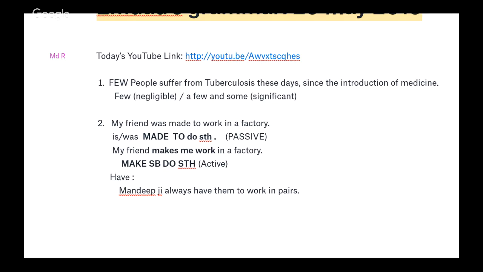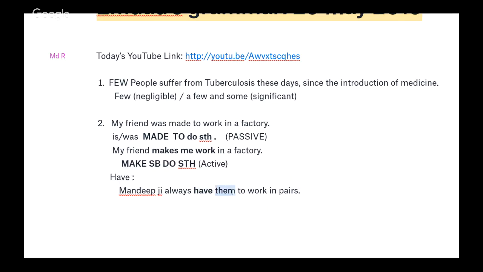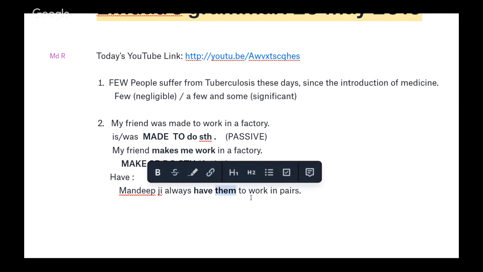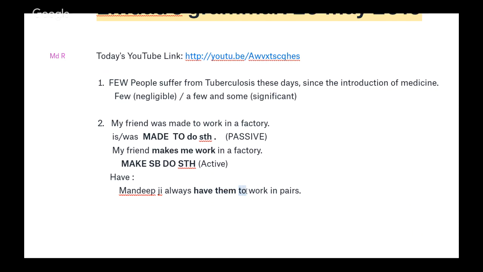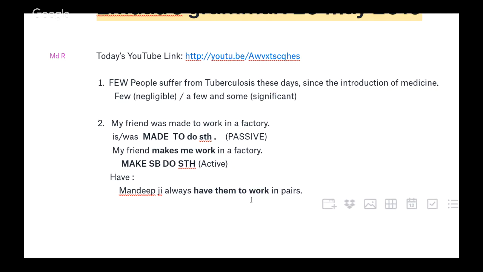Mandeep ji always have them to work in pairs. Tell me. What can you see here? What is the structure? What sort of structure do you see here? Have somebody. What is this them? Somebody, have somebody. What can you see here? To, and then do something. Have somebody to do something.